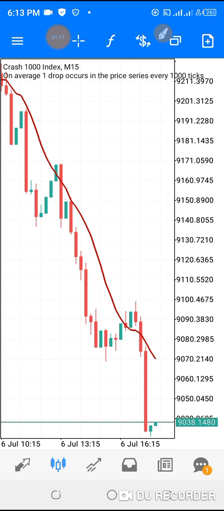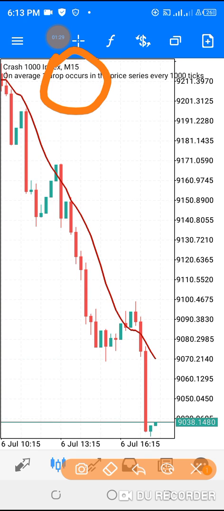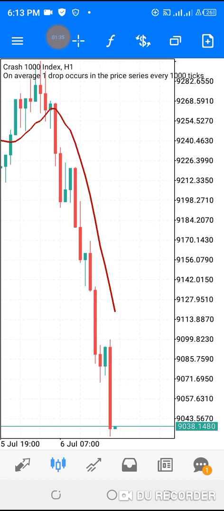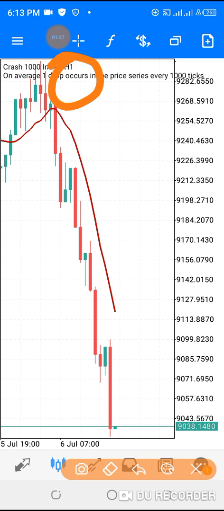But basically, if you want to trade trend, I use the 15 minutes to trade a trend with Boom and Crash. But before you come to 15 minutes, you have to confirm with 1 hour. I've put it at 1 hour time frame.